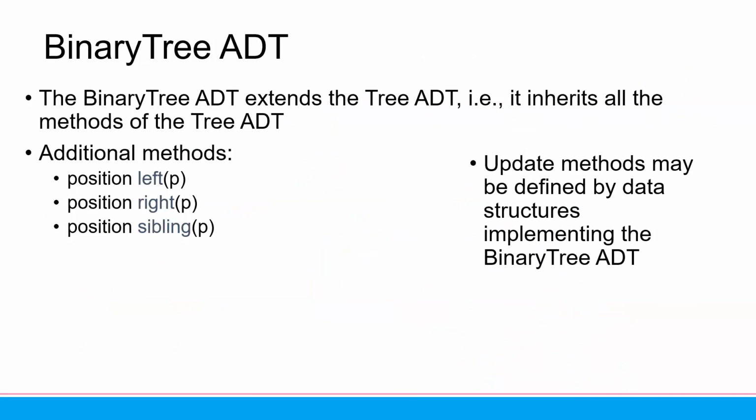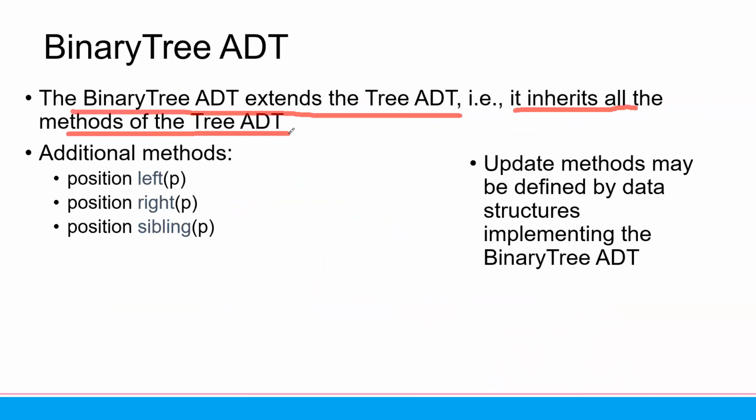So the tree ADT and the binary tree ADT are different, because the binary tree has at most 2 children, and the binary tree ADT extends the tree ADT. It inherits all the methods of the tree ADT.